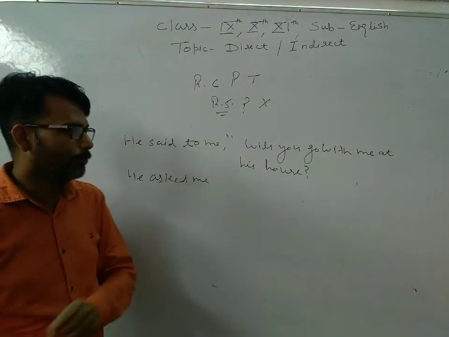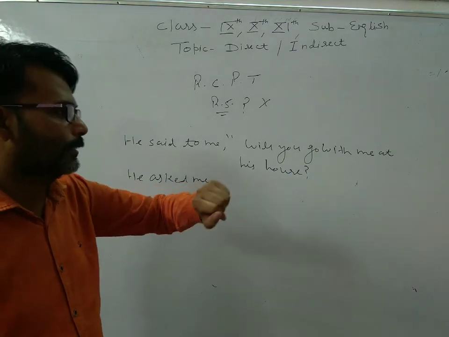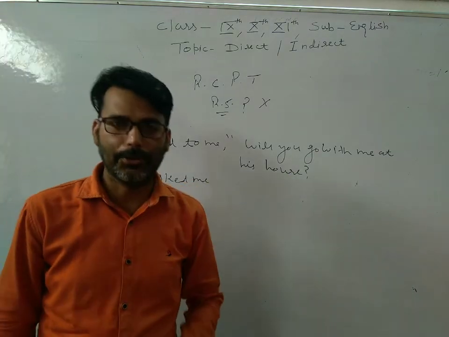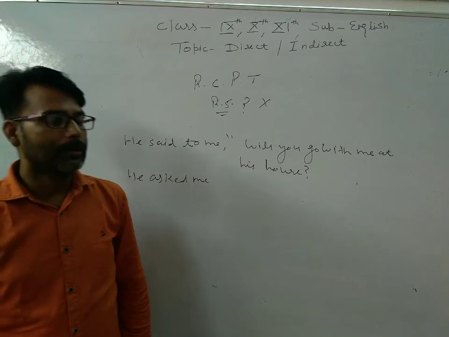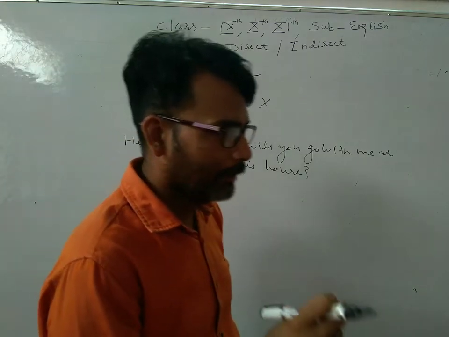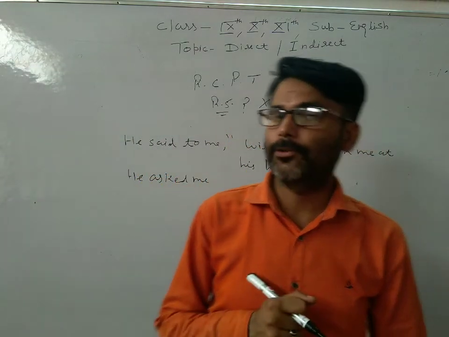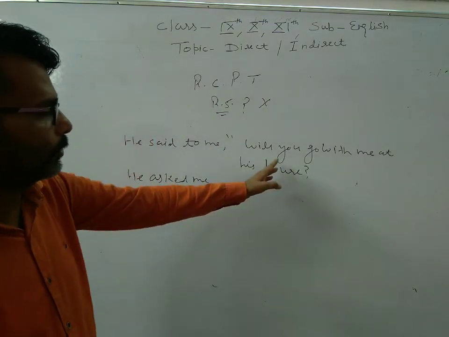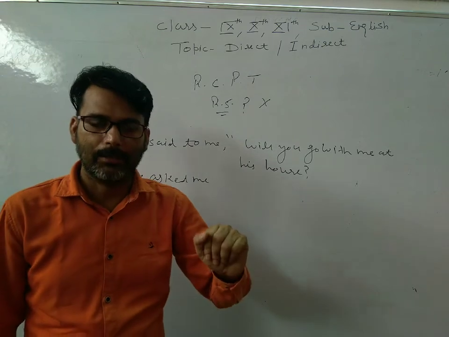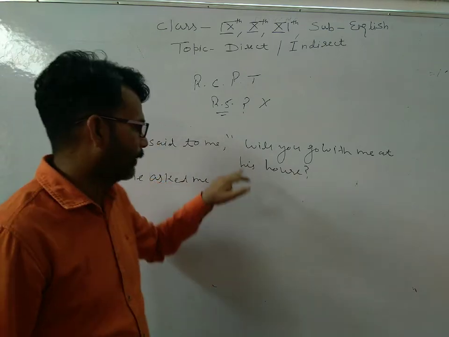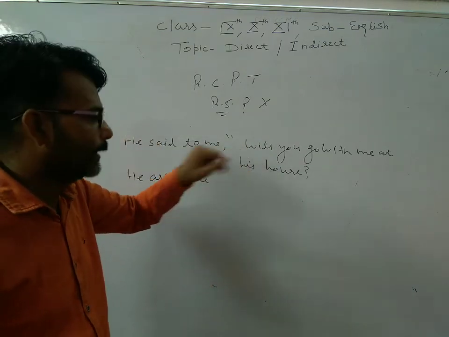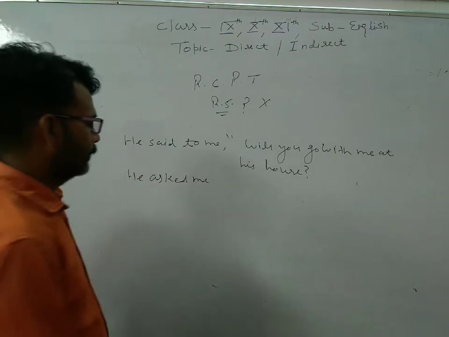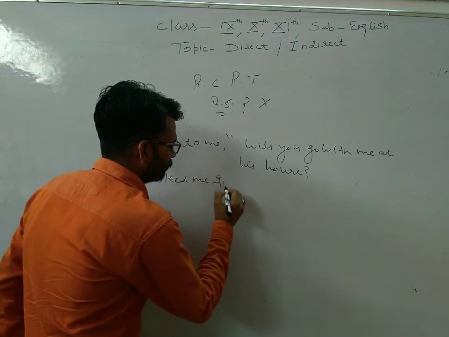I have told you that in interrogative sentences we have to use the conjunction "if" or the WH family. WH family will be used when the reported speech starts with WH words, but there is no WH word here. That's why I will use the conjunction "if".